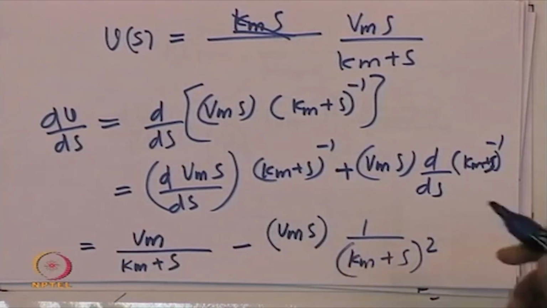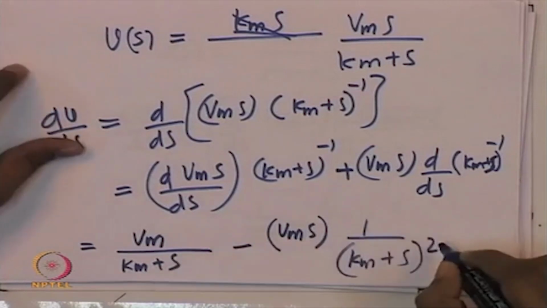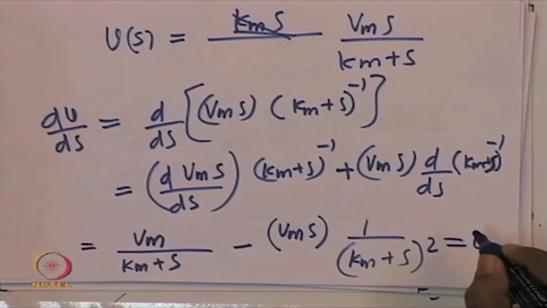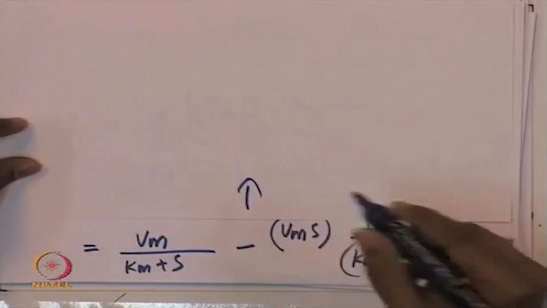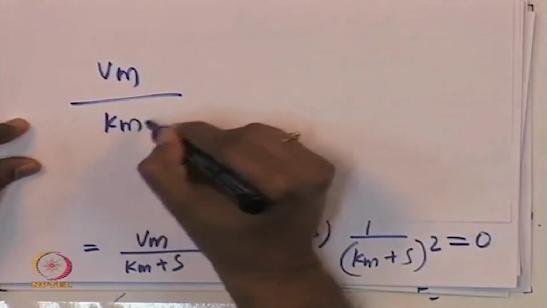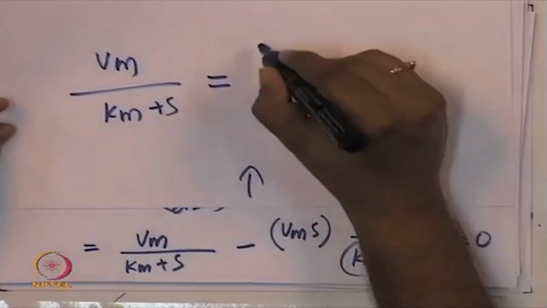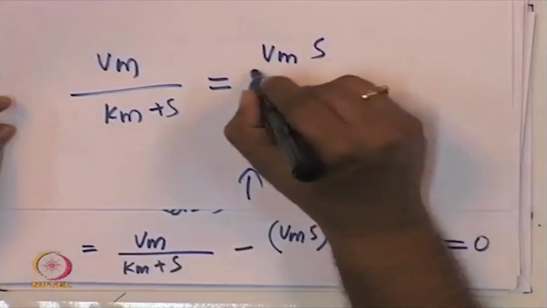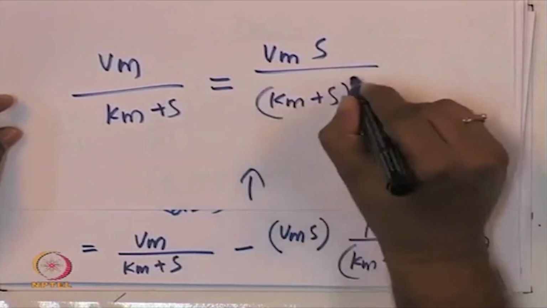If the derivative is 0, that means there is a maxima or a minima. There is a maximum or a minimum, at least one. So, let us see if the derivative is 0 at all. Let us equate this to 0. What we have here is basically Vm by Km plus S has to be equal to Vms by Km plus S whole square.